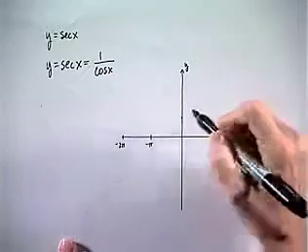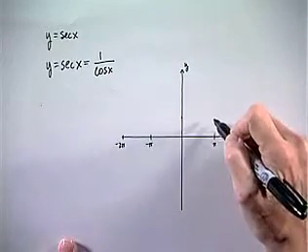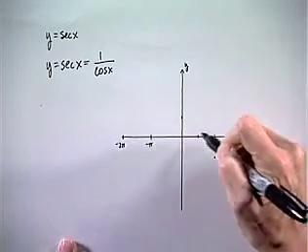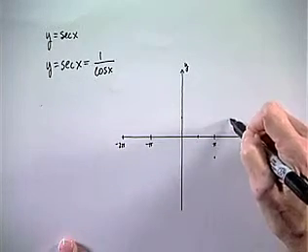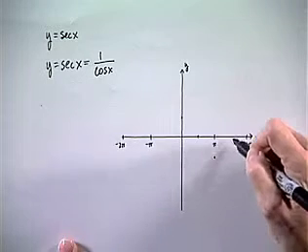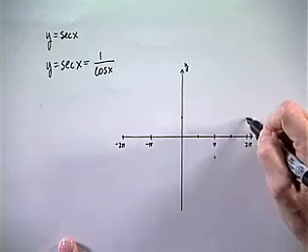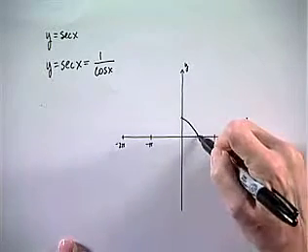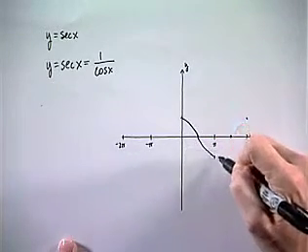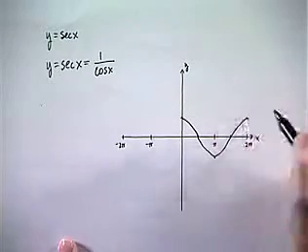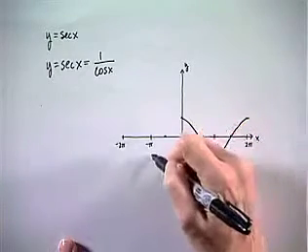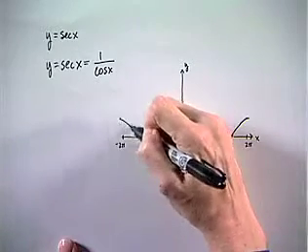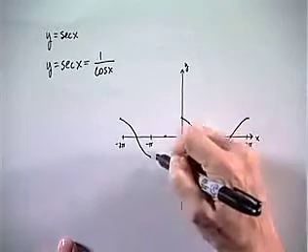The cosine of 0 is 1, of pi is going to be negative 1, of pi over 2 is 0, and 0 here and positive 1 there. So here's part of the graph of the cosine, and it repeats that going the other direction, in the negative direction. So here's another piece of the graph of the cosine, not the secant.